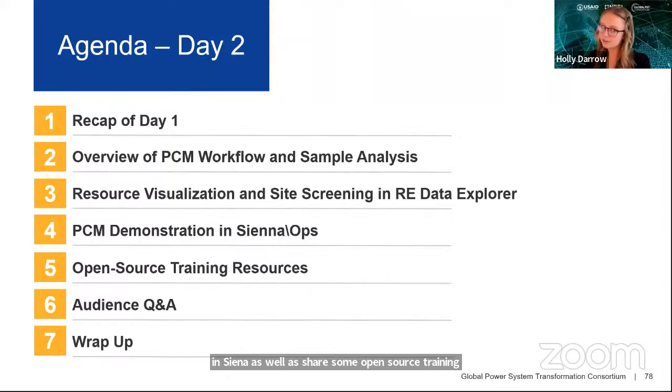For those of you who didn't join us yesterday, Dr. Kate Doubleday is a model engineer and researcher in NREL's Grid Planning and Analysis Center. She has a PhD in electrical engineering and research experience in power system operation, renewable energy forecasting, and vehicle electrification. So with that, I'm going to hand it over to Kate to get started.